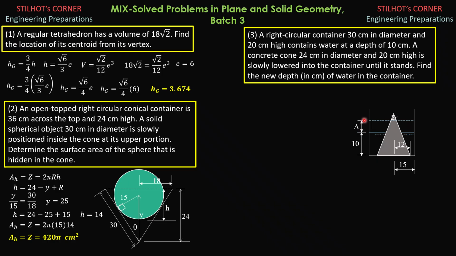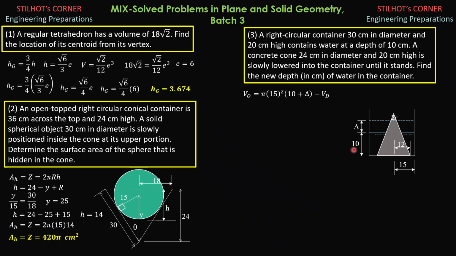So the idea is volume up to this level minus volume displaced is equal to the original volume, which is the 10 cm depth in the original container. So volume original is equal to pi 15 squared times 10 plus delta, volume up to this level of the right circular cylinder, then less volume displaced. So that's the idea.